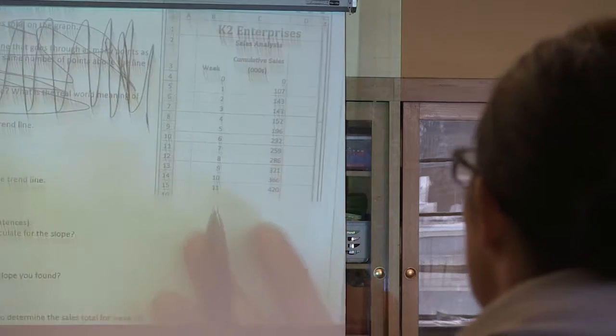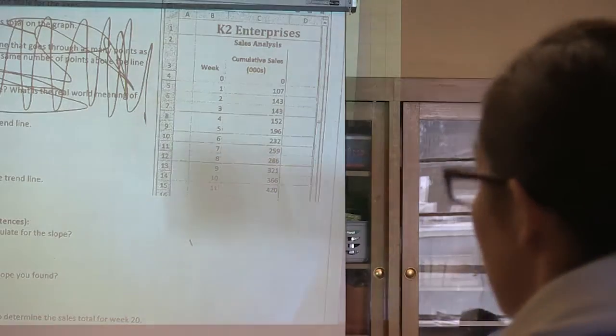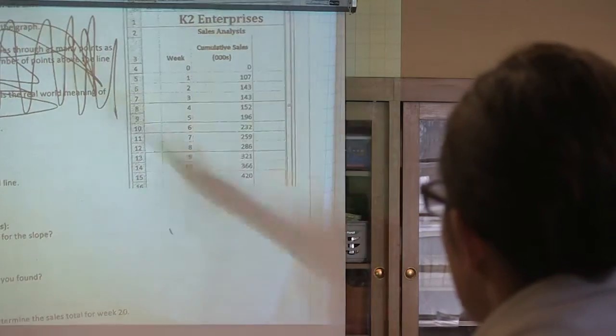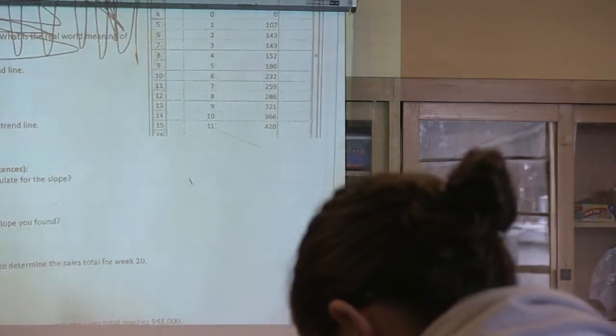You will never in your life find a trend line by hand, ever. You will need to find a trend line on the calculator and using a computer program. That's what we're going to focus on. What I do care is that you can take this data and find the trend line. Using the trend line, you need to answer these questions.